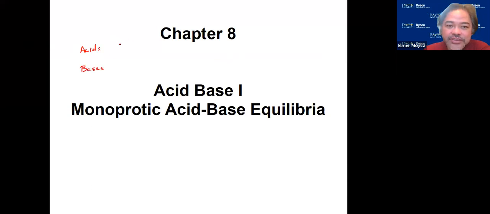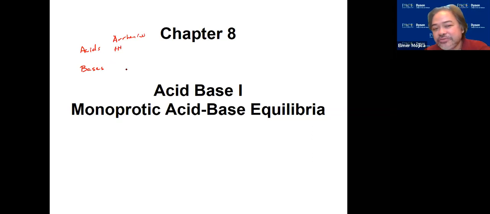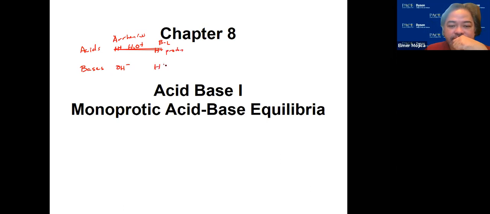You have the Arrhenius definition: acids are anything that forms H plus or H3O plus when dissociated in water, while bases form hydroxide ion when dissociated in water, which limits the bases to just hydroxide. Then you have the Bronsted-Lowry definition, wherein acids are proton donors and bases are proton acceptors.